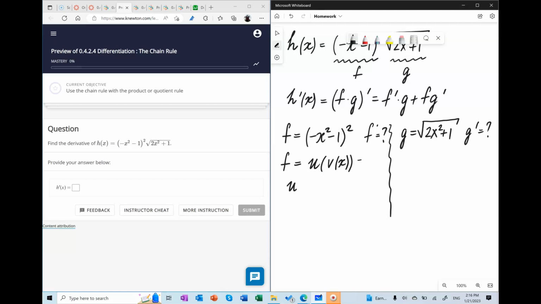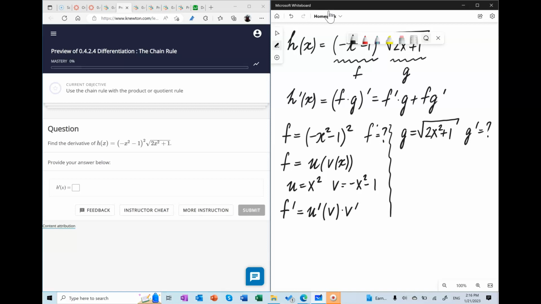Well, u is the outer function, so u is the squaring part, and v is what's inside of the square. So you can easily check that for this u and v, u composed with v will give us f. Therefore, by the chain rule, f prime is equal to u prime evaluated at v times the derivative of v.